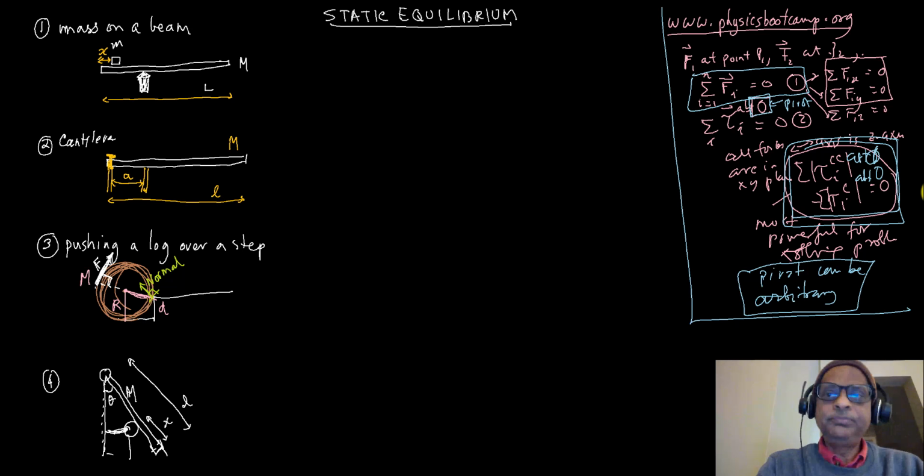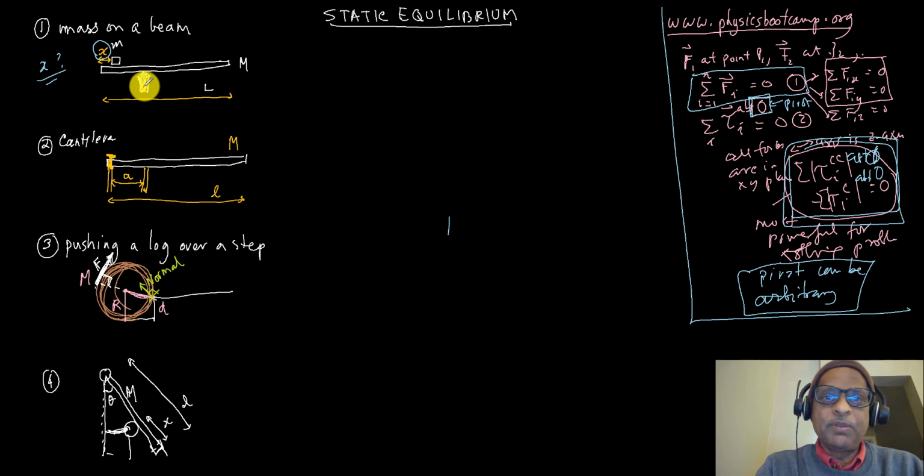Problem number 1 is: where should I place this mass on a beam which has a support here?